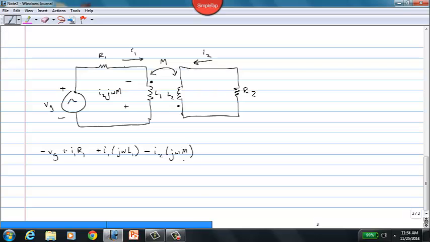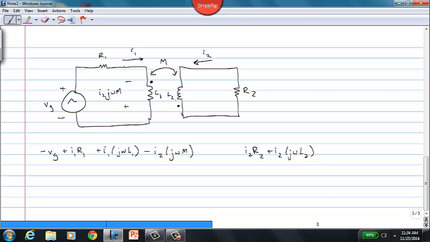Now we need to write the equation for the sum of the voltages around the right-hand circuit. So we've got the current leaving R2 here, so that is I2 R2. We then have the current going through L2, it's going to be plus I2 times j omega L2, just as we had done previously.